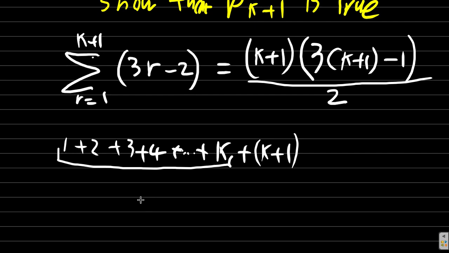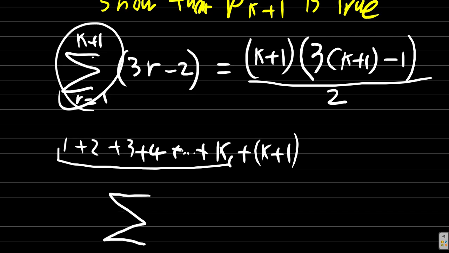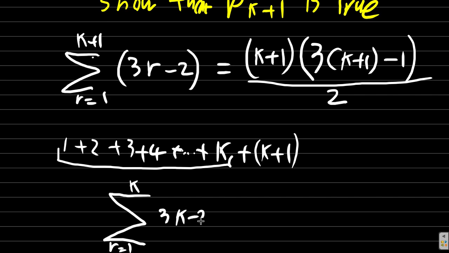So, this thing here will become the sum from r equals 1 to k of 3r minus 2, plus what? The k plus 1th term will come here. But the question is, what is the k plus 1th term?